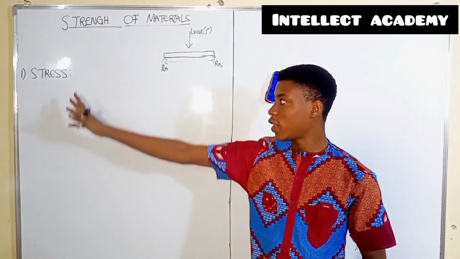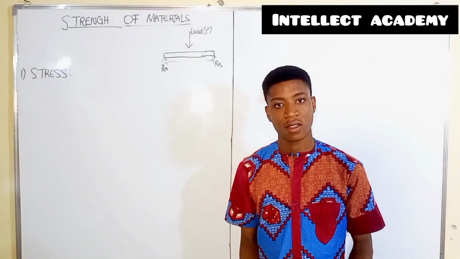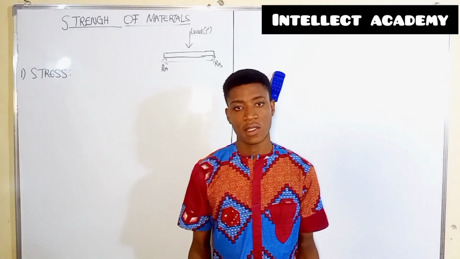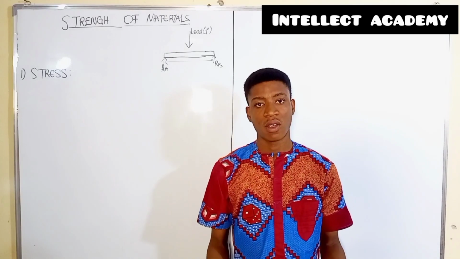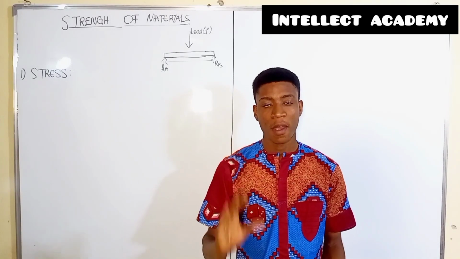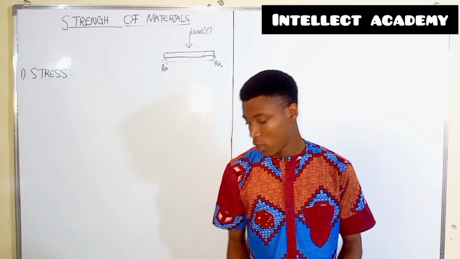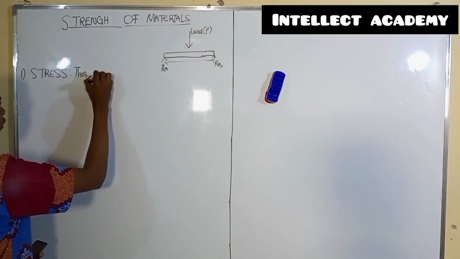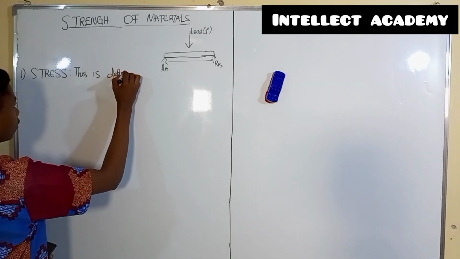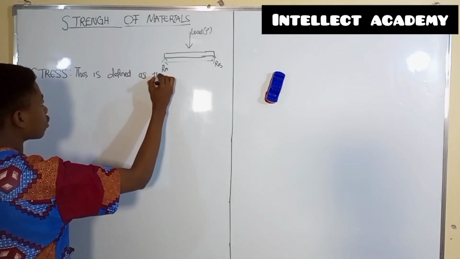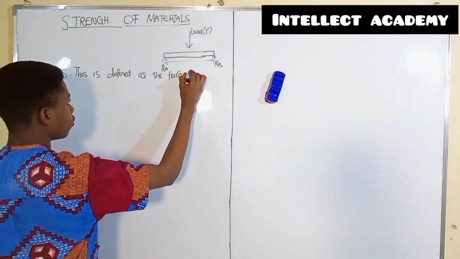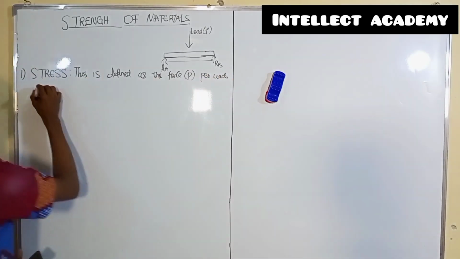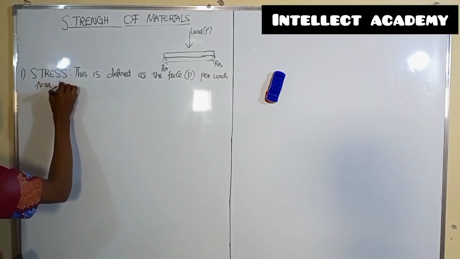Okay, now we're going to define the term called stress. What is stress? Stress is defined as the force per unit area, the force per unit area to deformation. Now take note, stress is defined as the force, which is P, per unit area to deformation.